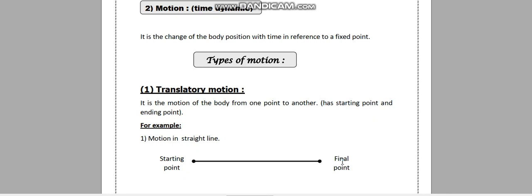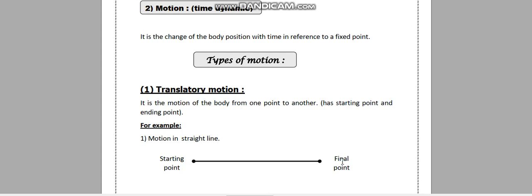So when a body starts to move, like when you woke up in the morning and start to move to your school, you have a start point, which is your home, and an end point, which is your school. So you have done a translatory motion. Translatory motion needs a starting point and an end point.